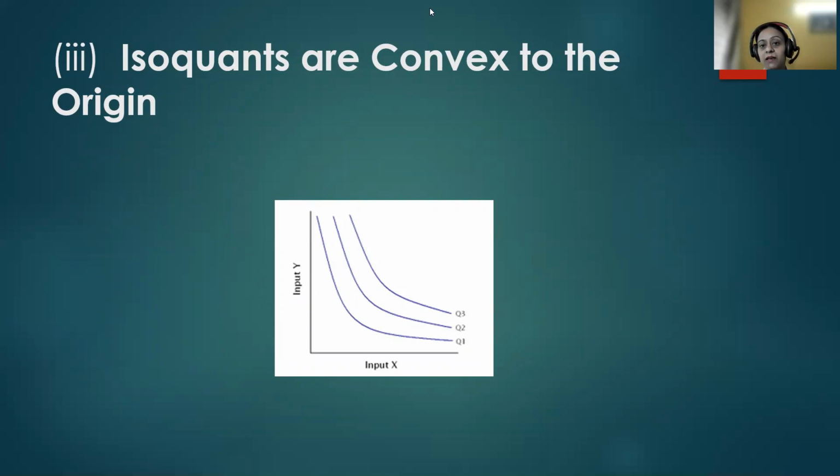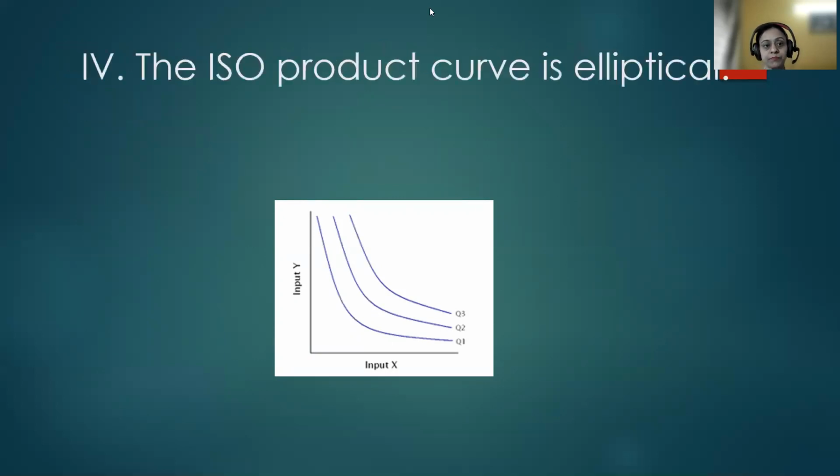Isoquants are convex to the origin. They slope from left to right, and this is because no two variables are perfect substitutes of each other. So y may not be a perfect substitute for x, and x may not be a perfect substitute for y.